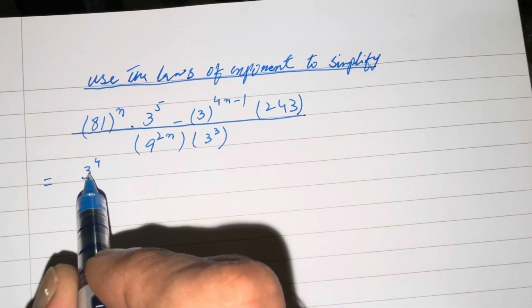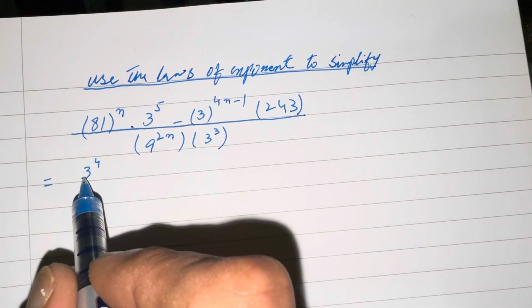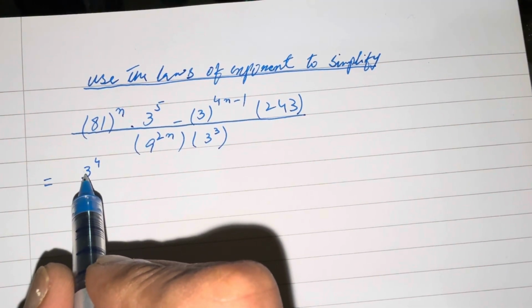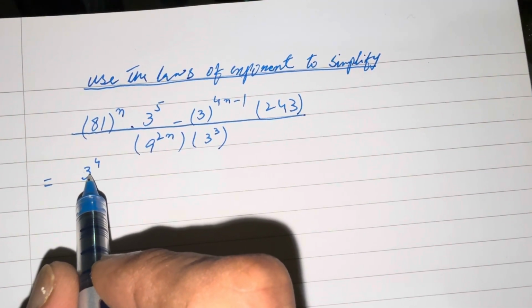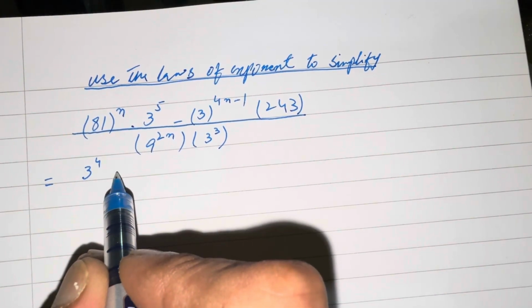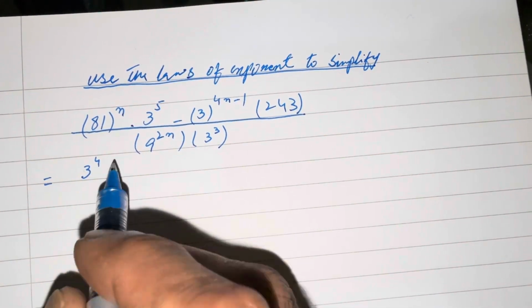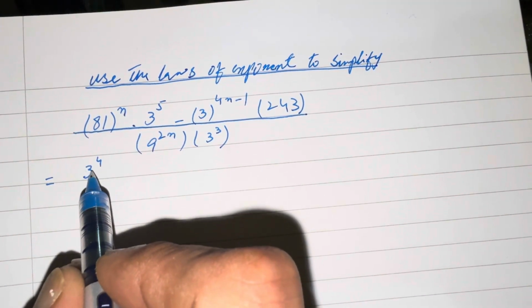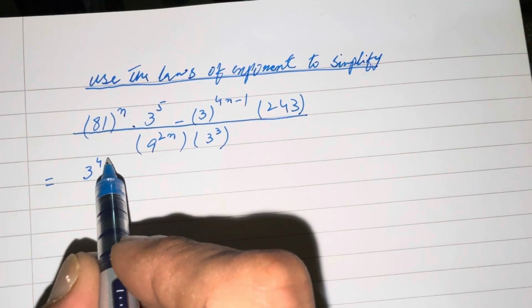So 81 can be written as 3 raised to power 4. इसका मतलब है कि 3 को अगर 4 टाइम्स मल्टीप्लाई करें तो आपके पास 81 आ जाता है. 3 multiplied by 3 multiplied by 3 multiplied by 3. 81 को हमने 3 raised to power 4 की शक्ल में लिख लिया.